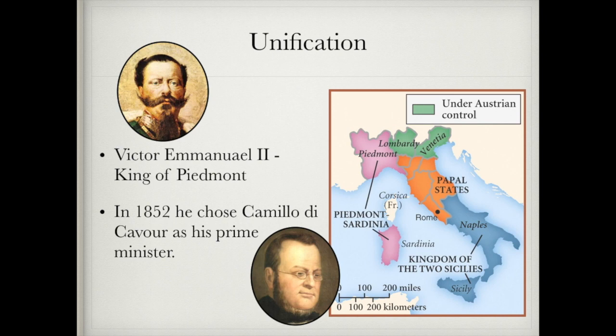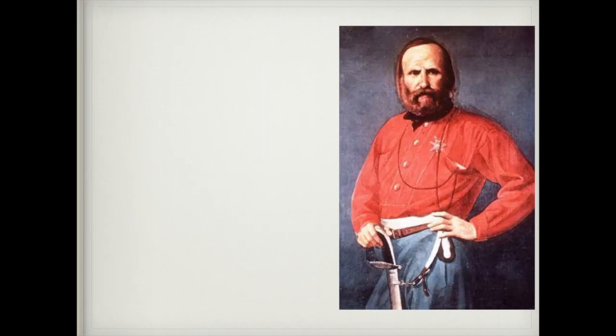And di Cavour is referred to as the brains of Italian unification. It's under his diplomacy that unification really takes off. Now, they were more in the north, okay? The Kingdom of Piedmont and Sardinia under Emmanuel II is in the north.